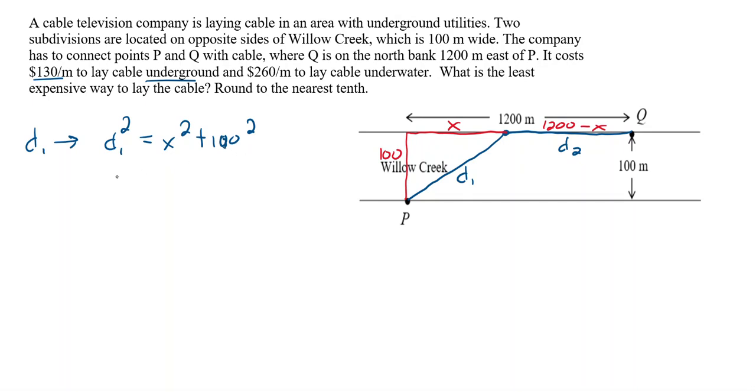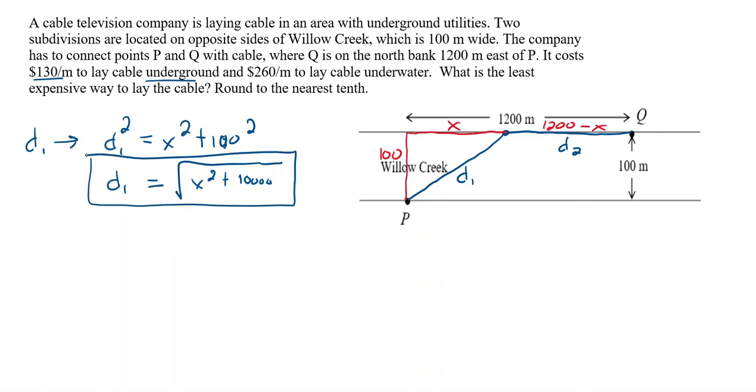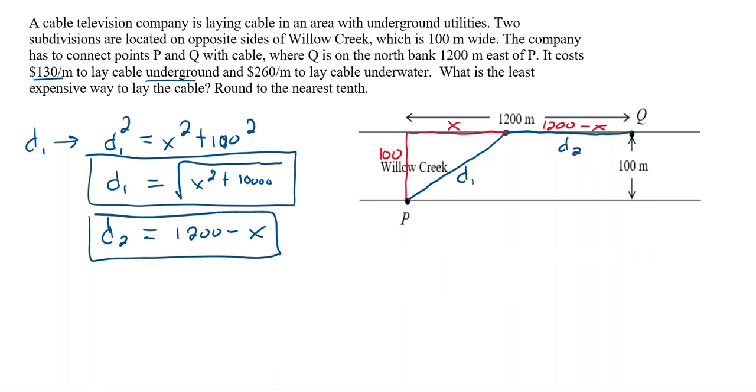Then, continuing with the Pythagorean theorem, we get the square root of X squared plus 10,000. So that's what D1 is from now on when I start adding this up. Now D2, I already did that: we said it was 1,200 minus X. I'm going to put a box around that because I'm going to need it in a minute.